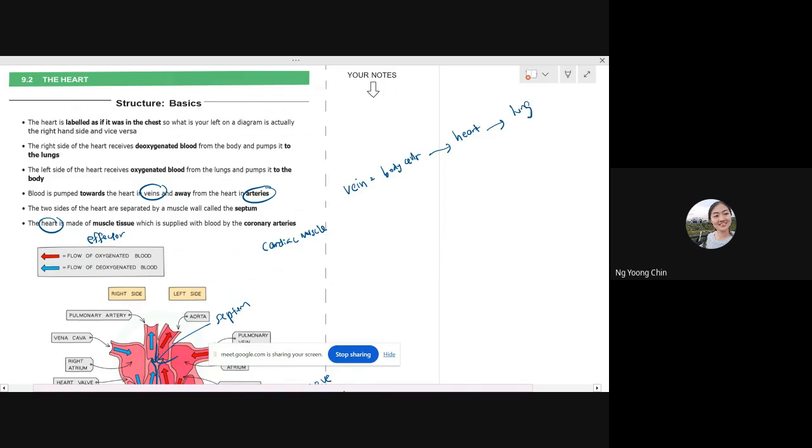So from the body cells, they contain what we call systemic veins, for example the hepatic vein. Those come from the organs. Okay, so they will all go to the largest vein in your body, which we call the vena cava.